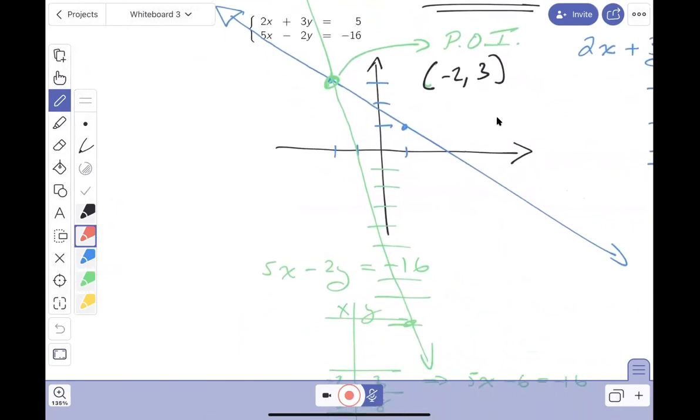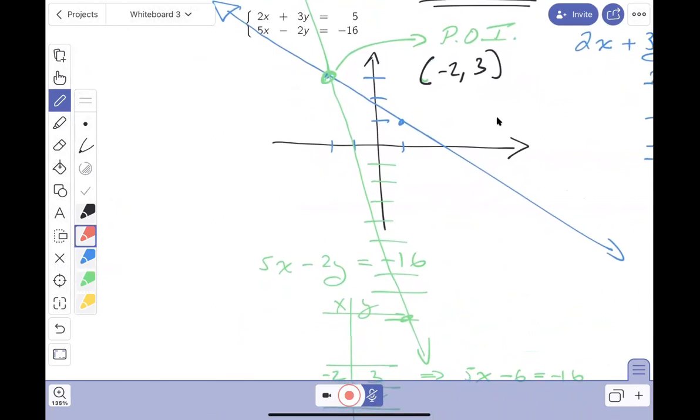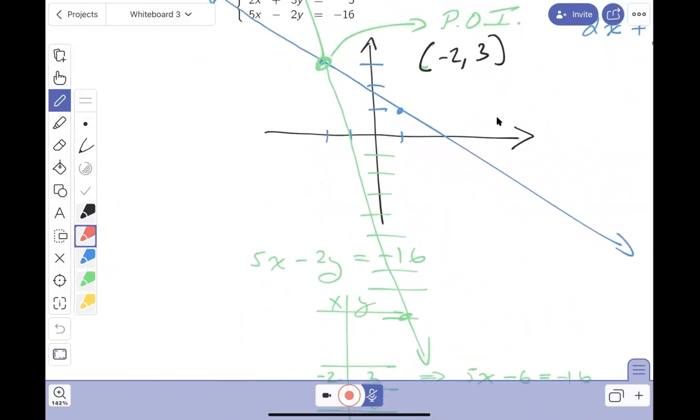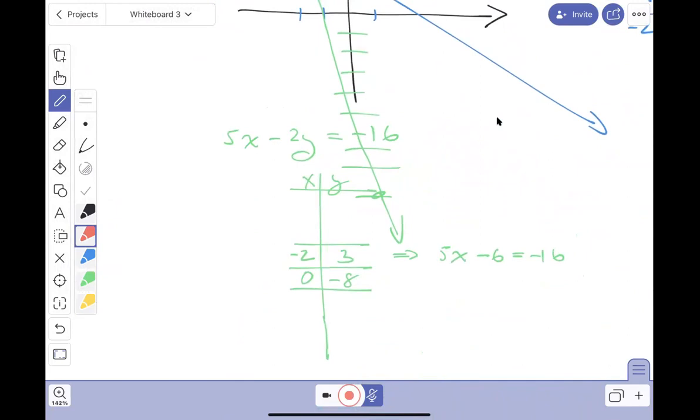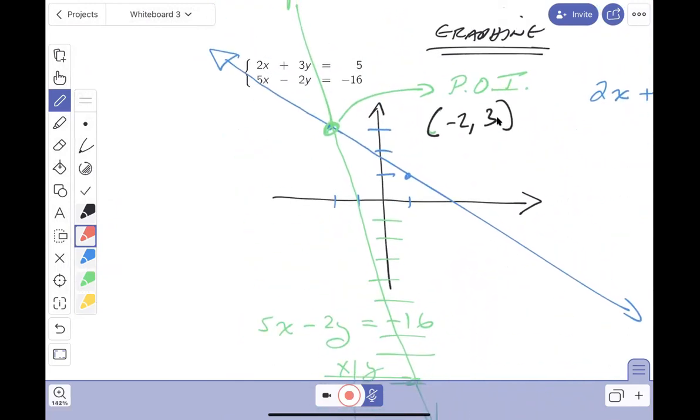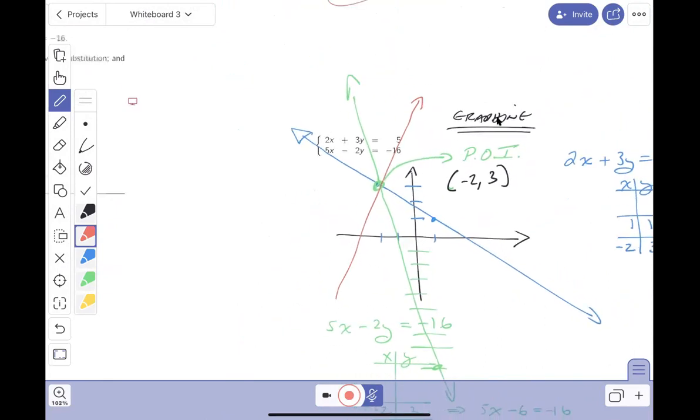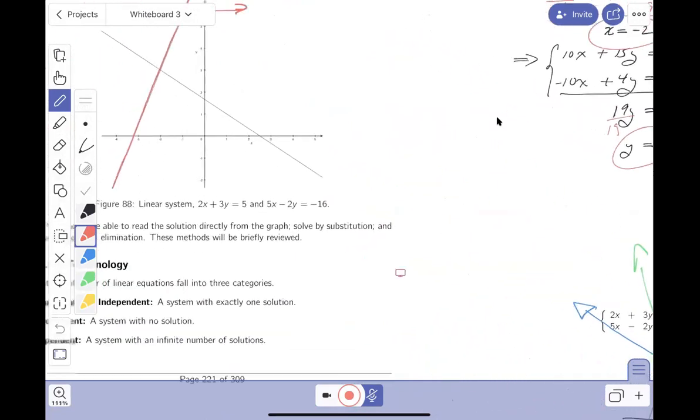Oh, I see now. I said y is -8. Y was actually +8. Sorry about that. It's not the green line. All right. It's another reason why graphing's so bad. Bad line there. I got the point of intersection though. And I apologize for that.